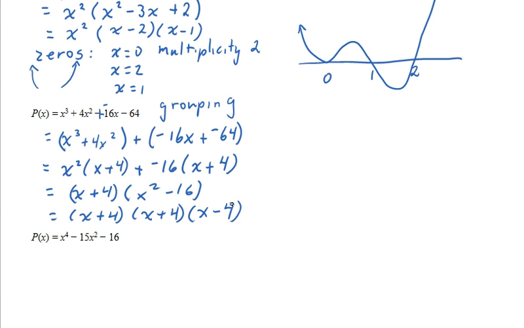So in this case, we have 2 factors of x plus 4, which gives us that x equals negative 4 is a factor with multiplicity 2. We also have a factor of x minus 4, which gives us a 0 of 4.